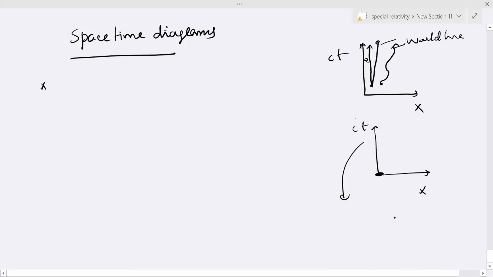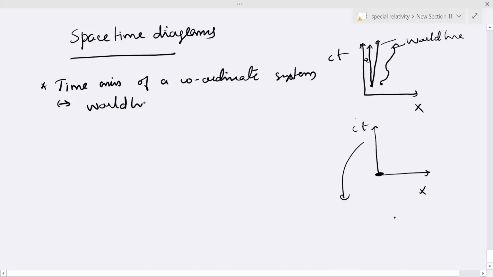So one thing I want you to remember is that the time axis of a coordinate system, or of an observer, we also use the word observer, coordinate system, is the same as the world line of the observer at rest at x equal to 0.